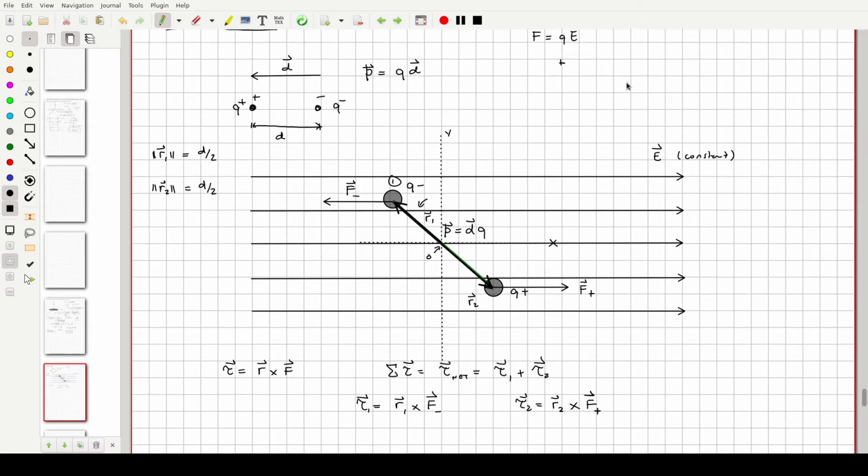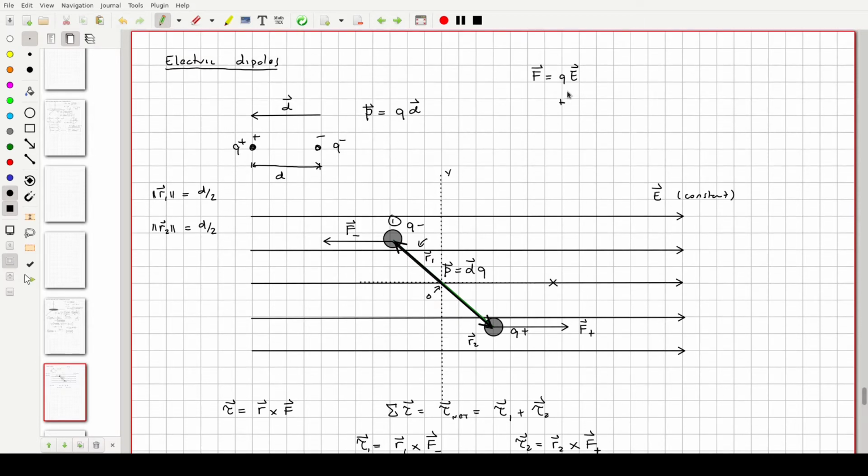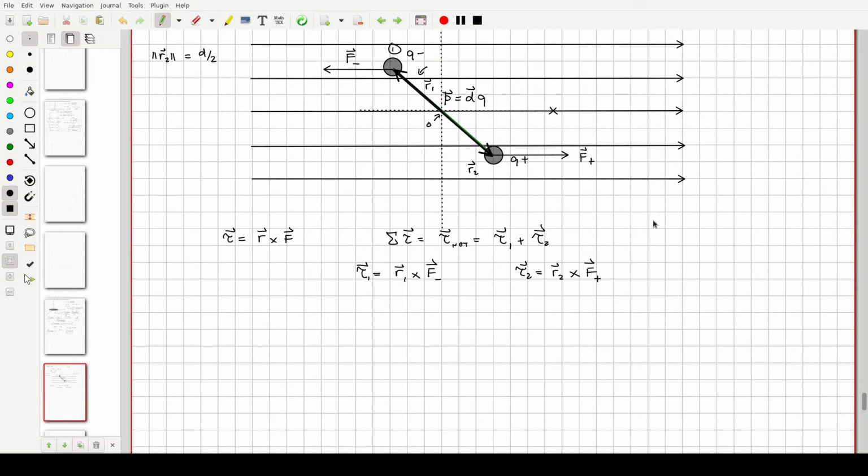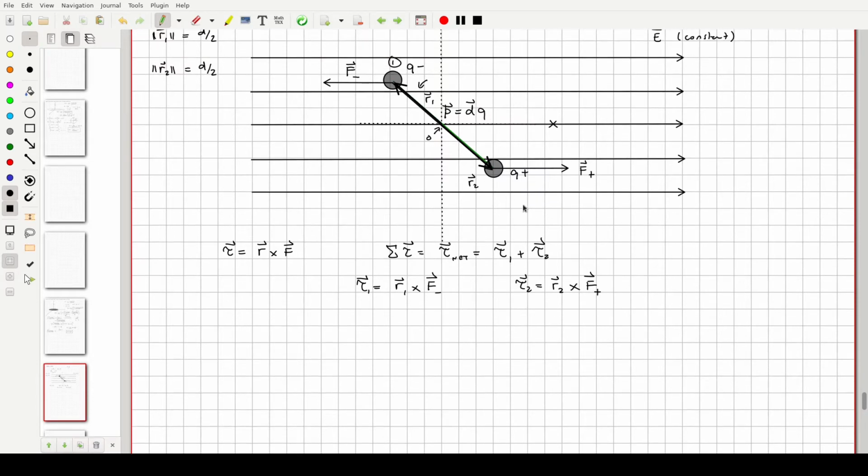Now remember, the only difference between F positive and F negative is the sign, and you can write them both in terms of the electric field. F negative I'm going to call minus Q, the absolute value of this charge, times the electric field.